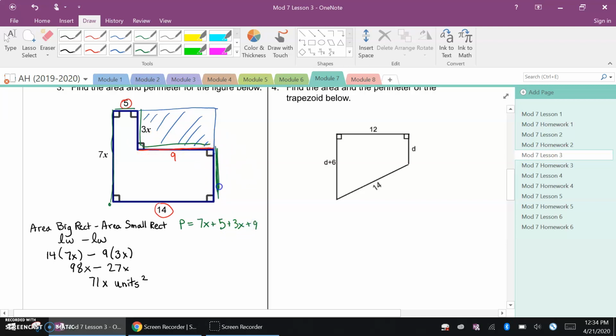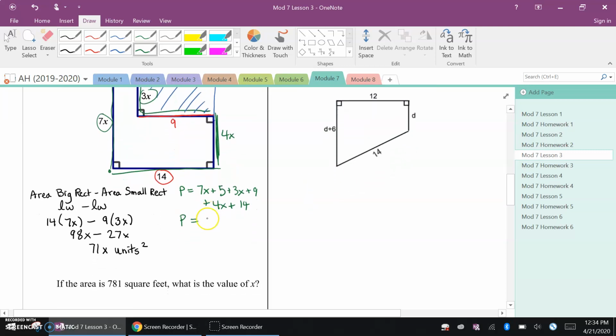And then for this length here, 7x minus 3x will give us 4x. So we're going to add 4x. And then we need to end where we started, so we're going to add 14. So once we add that all together, we are going to get 14x plus 28, and then this is units.